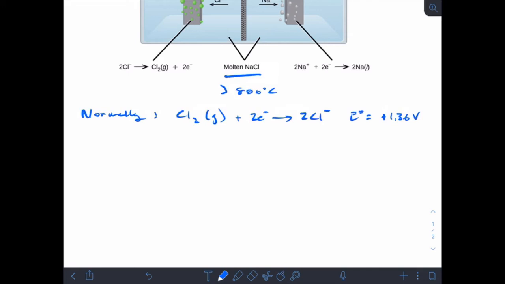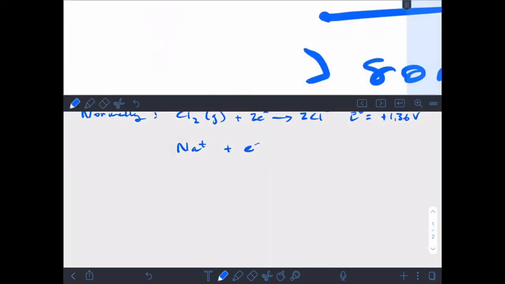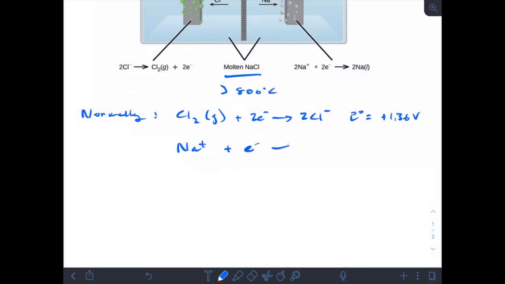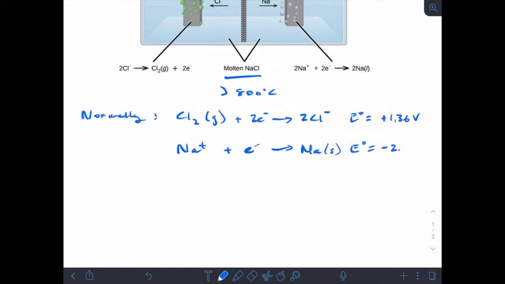And we look up the reduction potential and the half reaction for sodium, and it has an E0 way down on the table, minus 2.7 volts.